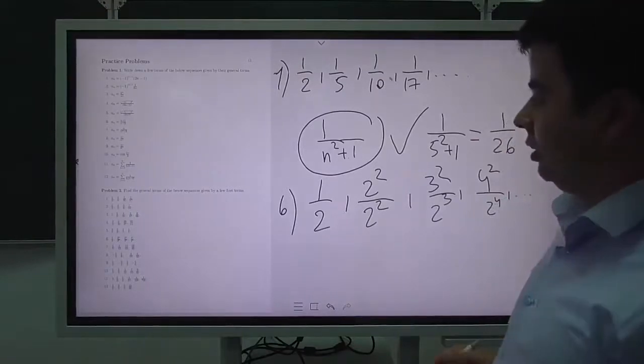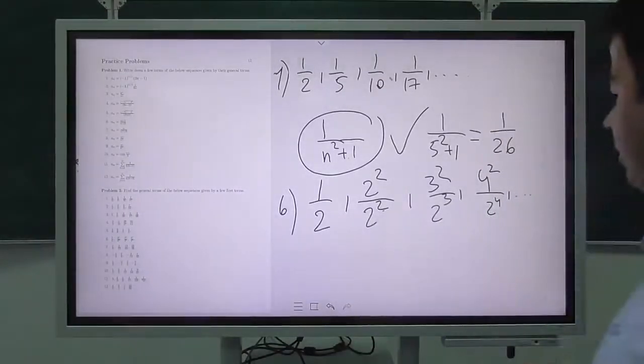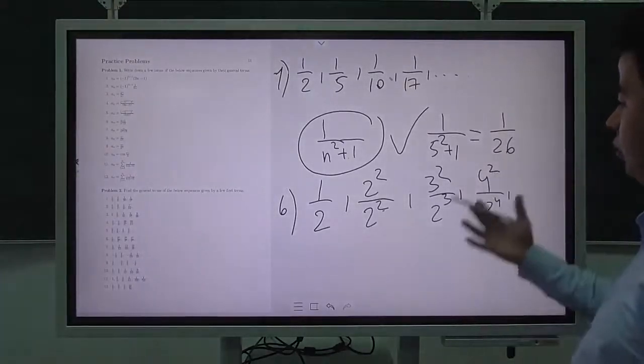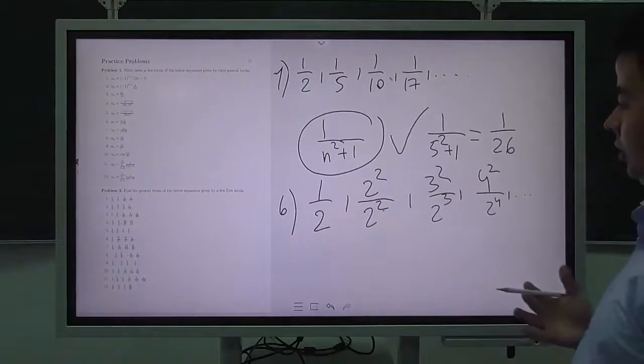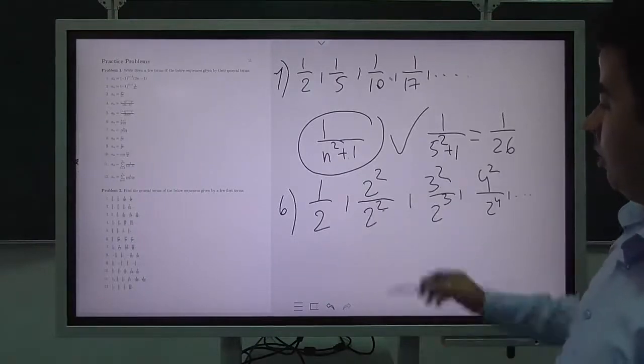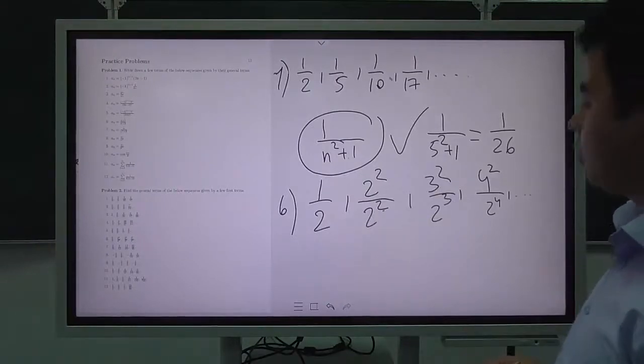So you need to find the general term of this sequence. Here, firstly, find a rule of this sequence. What kind of rule do we have here?